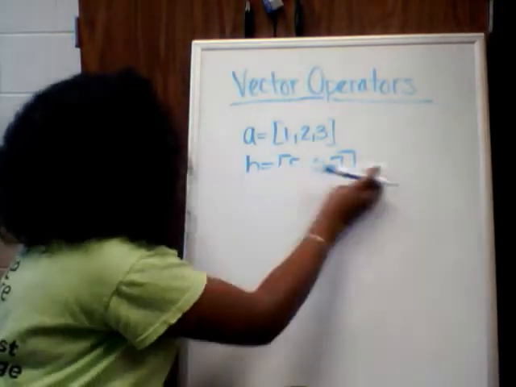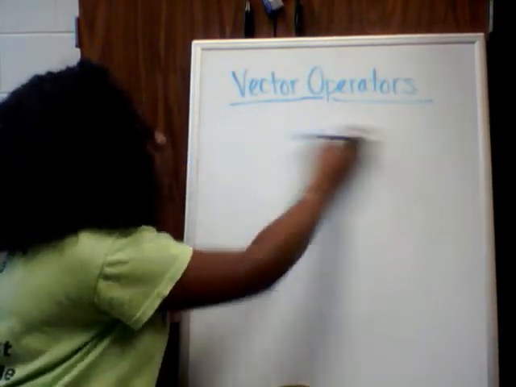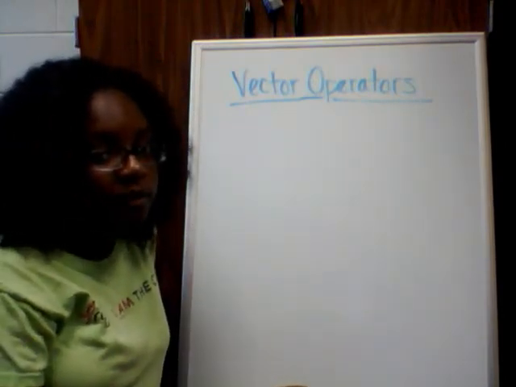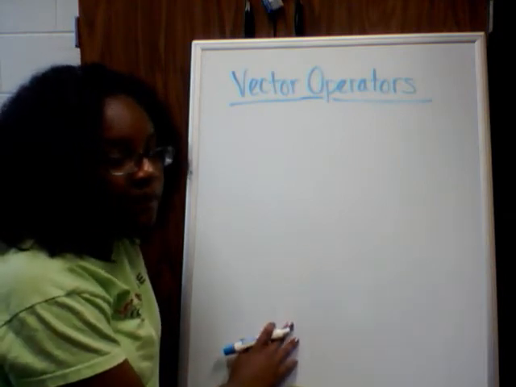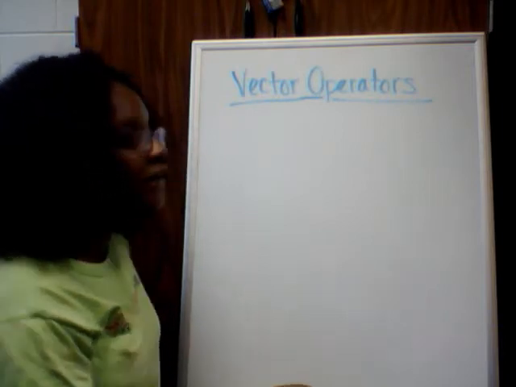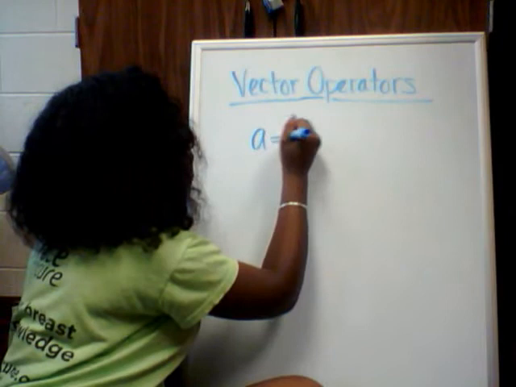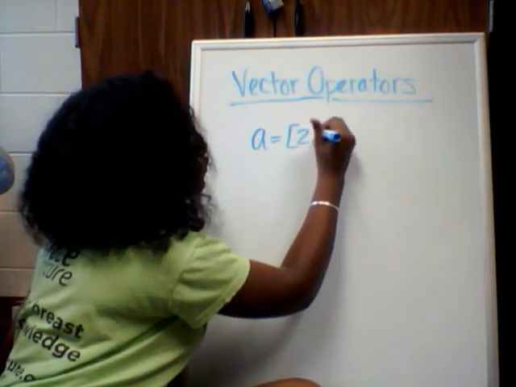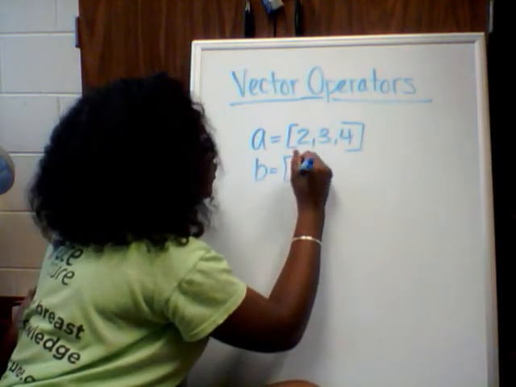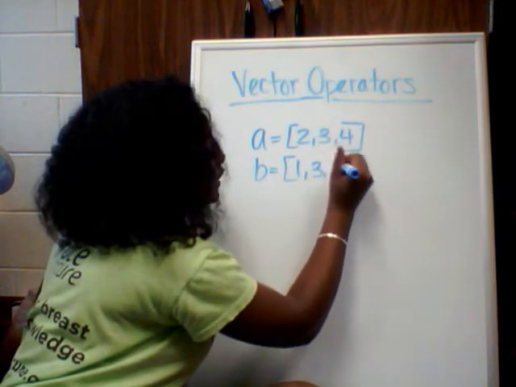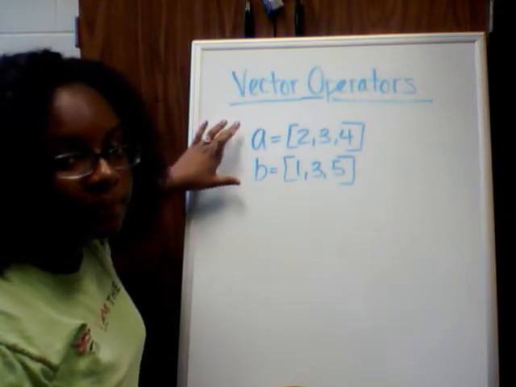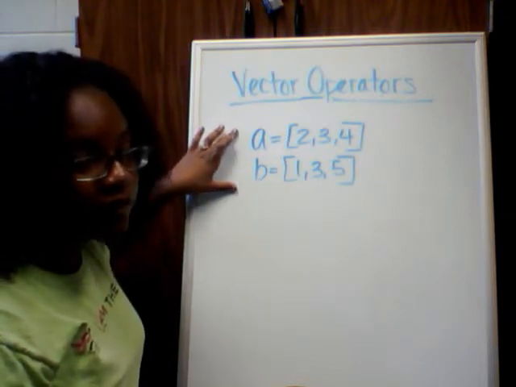Okay. Now, the issues arise with multiplication and division. When you input this into MATLAB, you have to remember that MATLAB is made for matrix functions. So if A equals 2, 3, 4 and B equals 1, 3, 5, then MATLAB will simply do the normal matrix math for these two vectors.